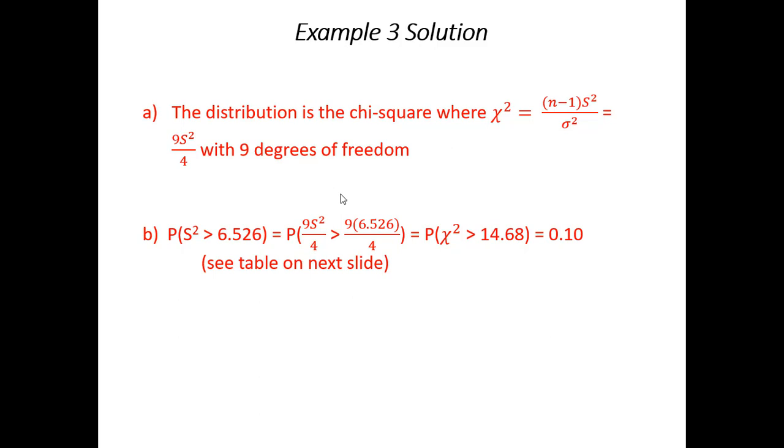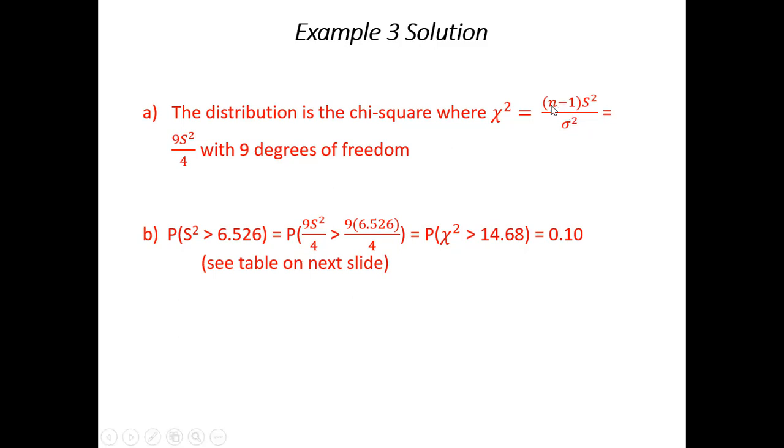All right, so we have a question involving the variance. We know the distribution we need is called the chi-square. So chi-square is given by n minus 1 times the sample variance divided by the population variance. So we could fill some of these values in.